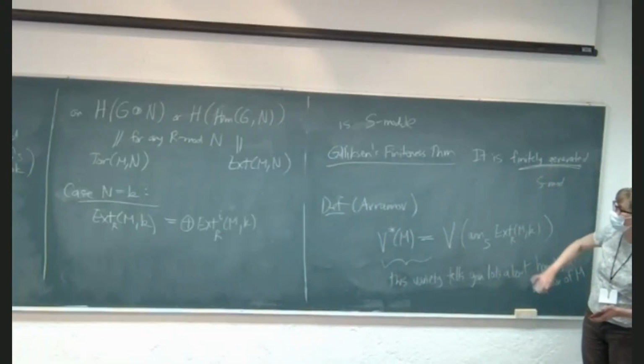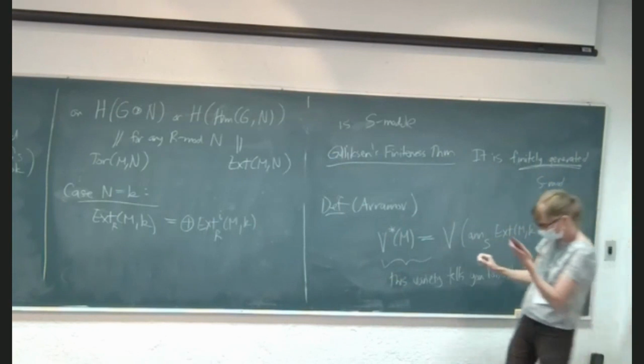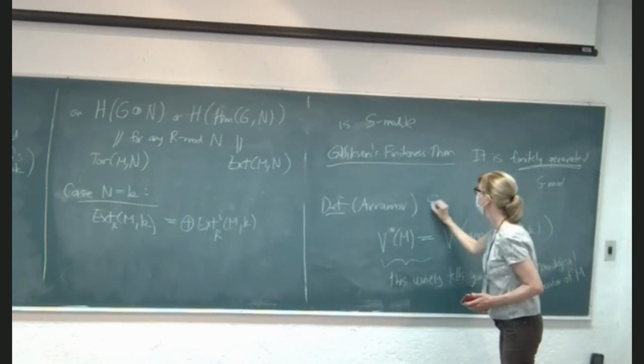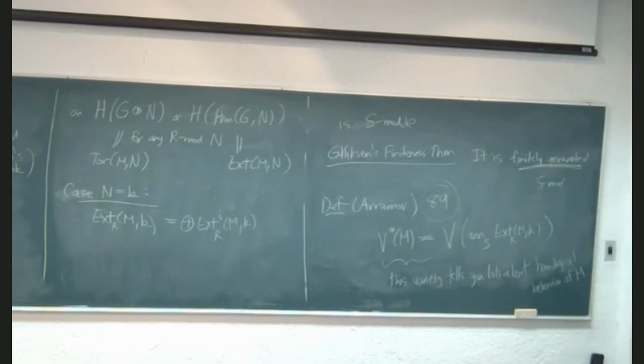And this was only constructed for complete intersections in maybe '89. Yes, '89. And for years, people tried to find a similar support theory over other rings. I know that non-commutative people worked with Hochschild cohomology for a while and annihilators of that.